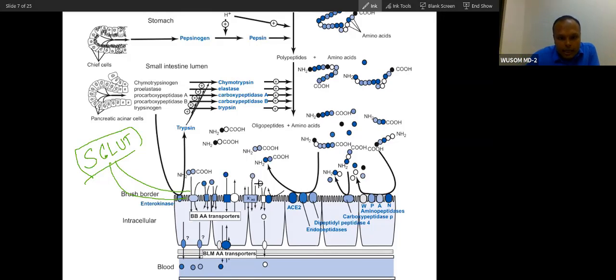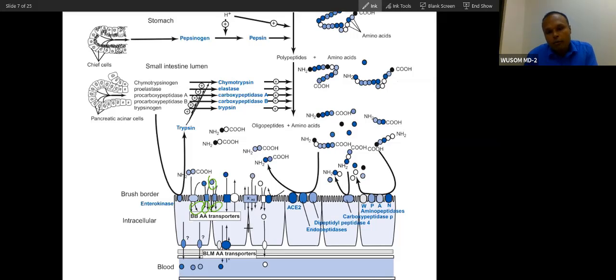You can see here, many of them are symporters. Some are antiporters as well. So predominantly similar to SGLUT, you can use that concept here also, secondary active transport.